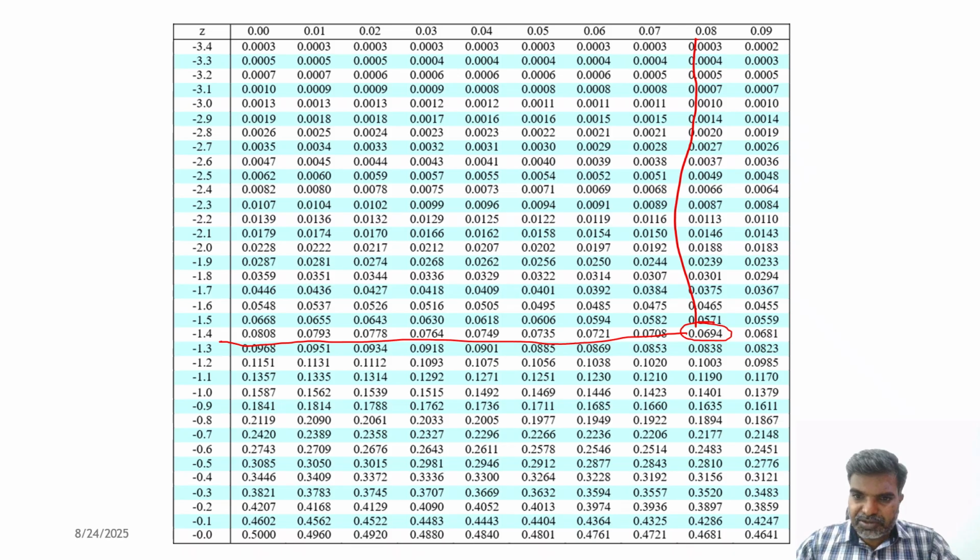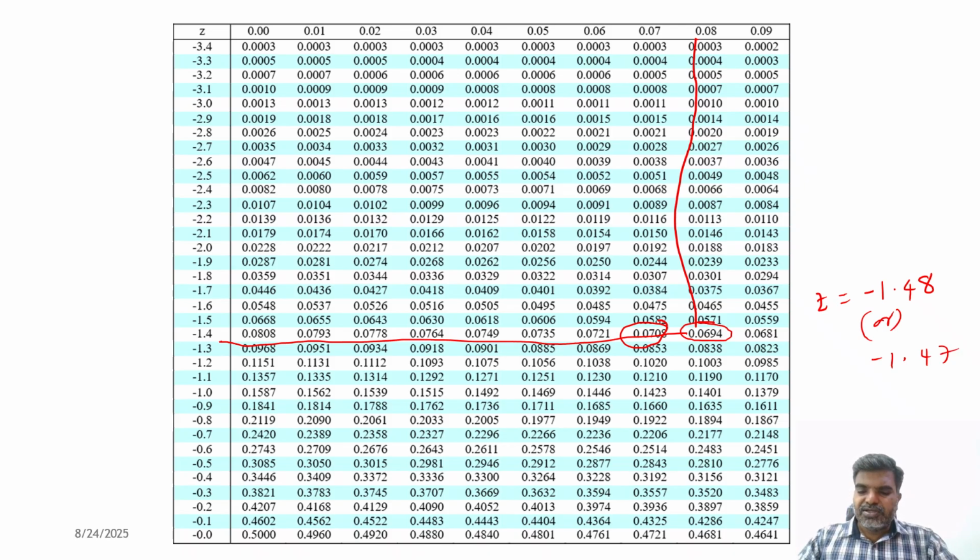So the z equals minus 1.48. Once again look at this. You can't see 0.07 exactly, so we can take its nearest value. Or you can also choose this one, there is no issue, 0.0694. In this case minus 1.47. Either this one or this one you can use.